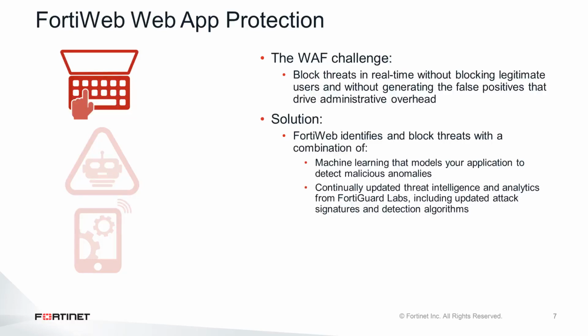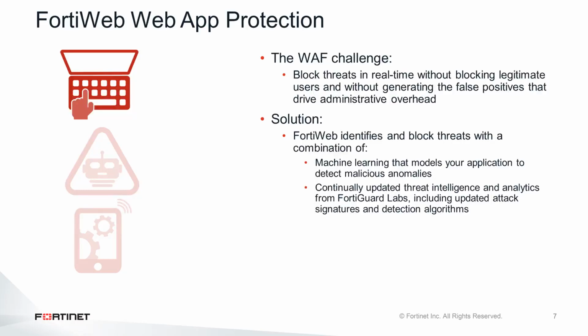FortiWeb addresses web security issues by combining machine learning with signature updates from FortiGuard. FortiWeb machine learning models your application to detect malicious anomalies. Along with continually updated threat intelligence and analytics from FortiGuard Labs, including updated attack signatures and detection algorithms.